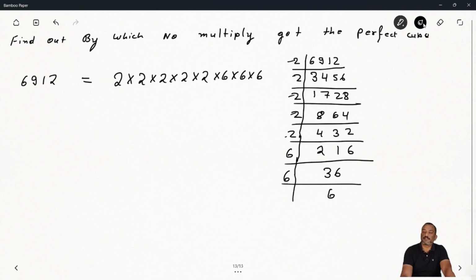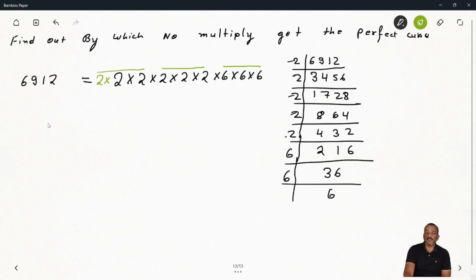So you can see in this one, we can make a pair of 3 numbers. So 6 is coming in a 3-number pair. This 2 is coming also with the 3-number pair. But you can see here one 2 is missing. One 2 is missing. If we multiply with one 2, then this will become a perfect cube.